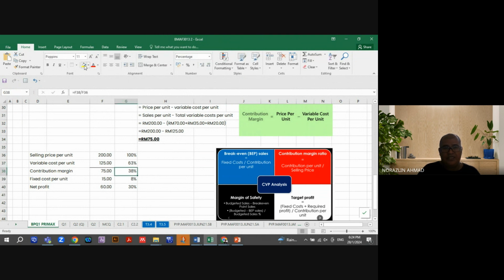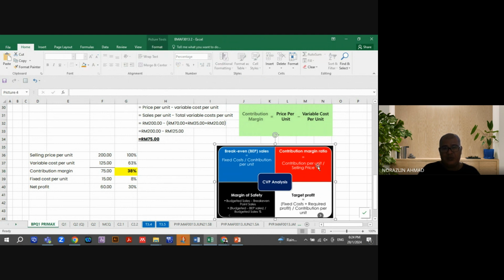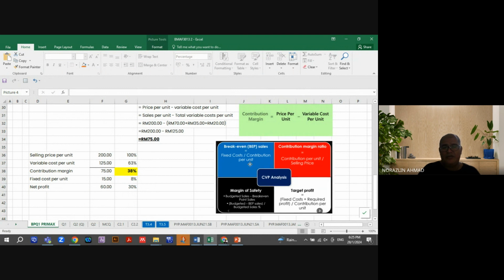This one, you will get 38% contribution margin ratio. If you want to take break even percent, fixed cost, divide by contribution per unit. You can use a lot of these.